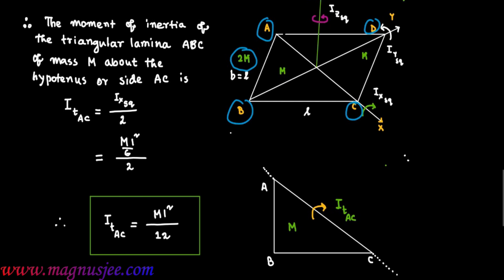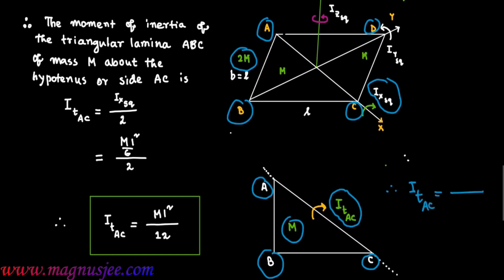Here ABCD is the square lamina having mass 2m, ABC is the triangular lamina having mass m, and I_T,AC is equal to I_X,SQ divided by 2. Hence I_T,AC equals mL square by 12. This is the moment of inertia of the triangular lamina ABC such that its two sides are the same.